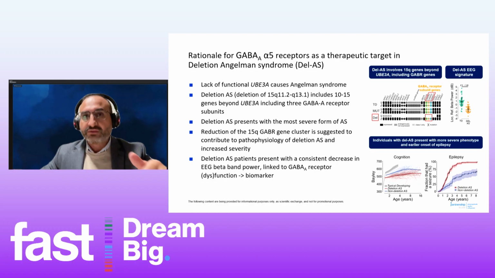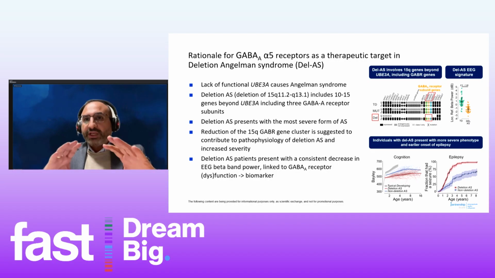And this receptor is very important. It has been postulated that these 3 deleted genes contribute to the more severe clinical presentation in deletion Angelman syndrome patients, and that restoring the GABA function could have a therapeutic benefit for deletion Angelman syndrome patients. Next slide, please.